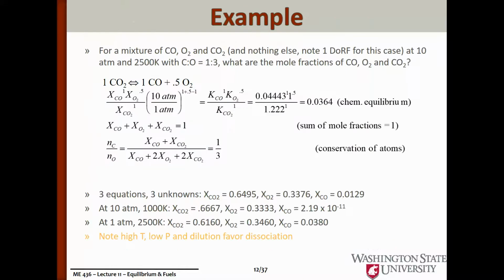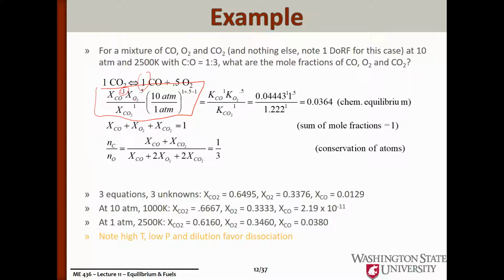Okay, so let's walk back through that example of CO2 dissociating into carbon monoxide and oxygen. And this one's going to be fairly straightforward, since we have just 3 species. So if I set up the definition of the equilibrium constant here, it is going to be the mole fraction of carbon monoxide to the stoichiometric coefficient in the balanced reaction, which is 1.